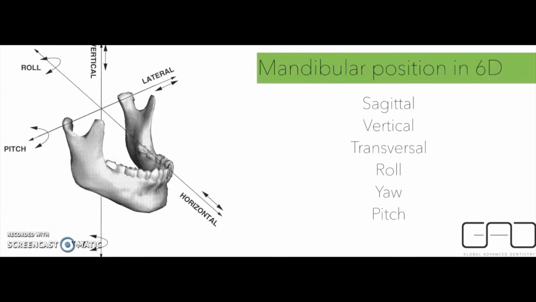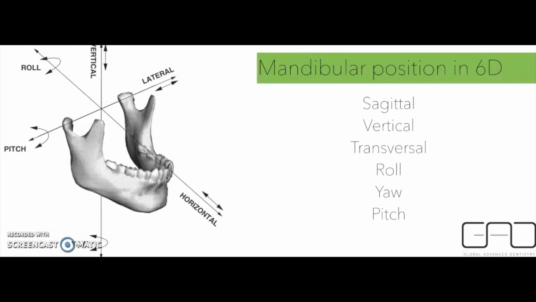Like a plane, we can place the jaw in the space with 6 components: sagittal, vertical, transversal, and roll, yaw, and pitch. It's not only rotation and translation.